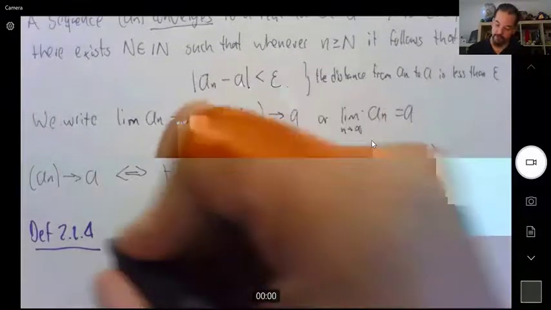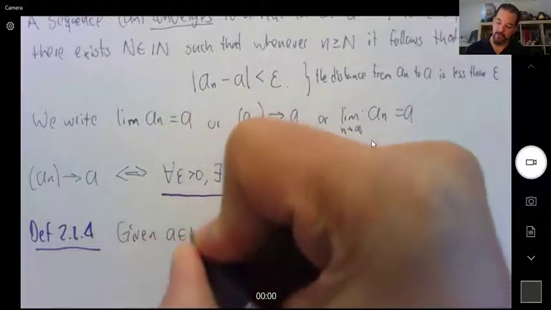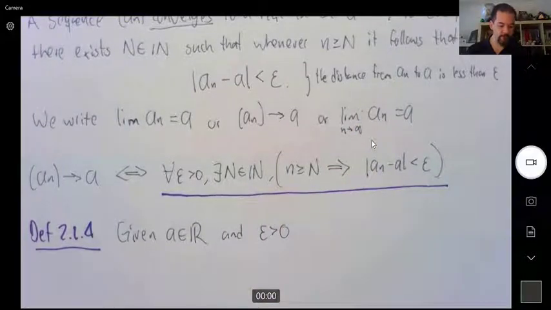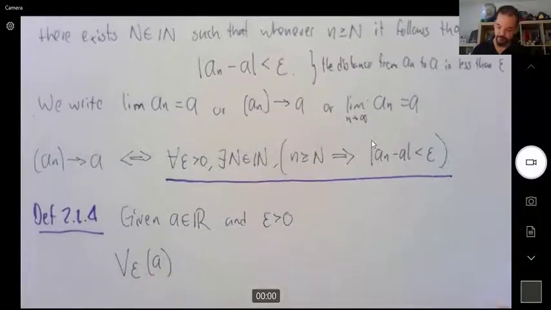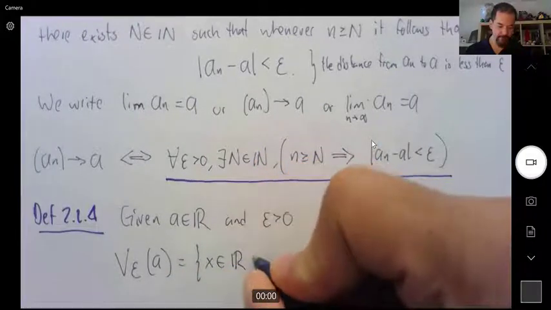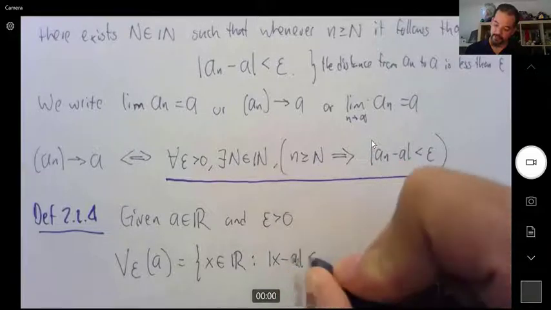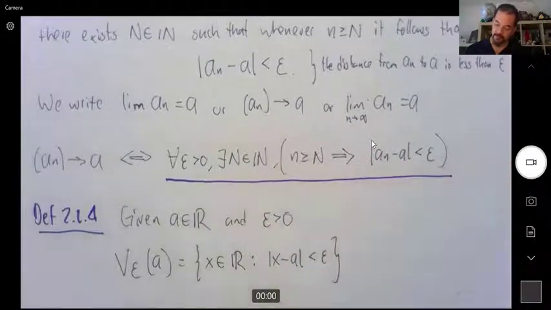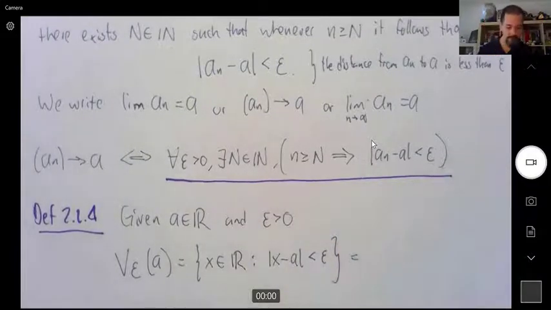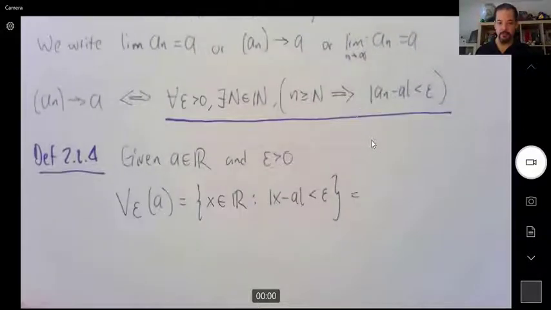Given a real number A and little epsilon greater than 0, we define V sub epsilon of A, and we read it as the epsilon neighborhood around A. It consists of the real numbers x such that the absolute value of x minus A is less than epsilon. Now, this is a fancy way of saying the following, if you think about it. If I were to make a little picture, maybe now is the time. So here's the real line.